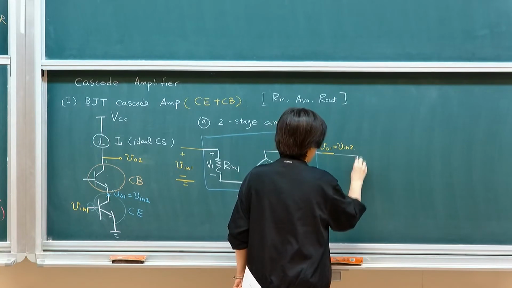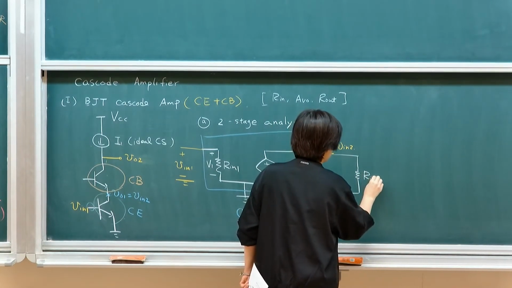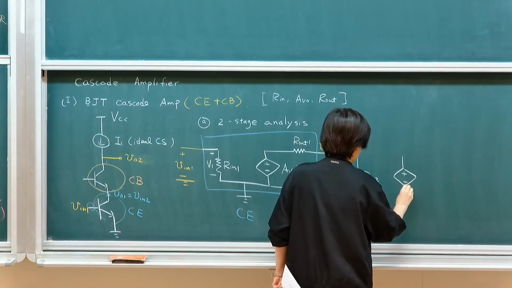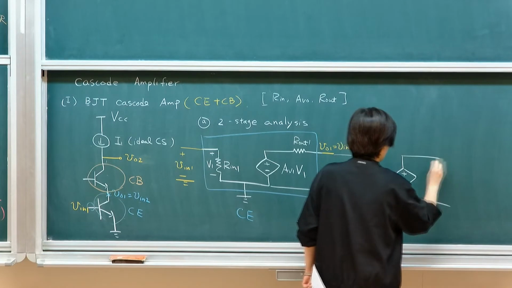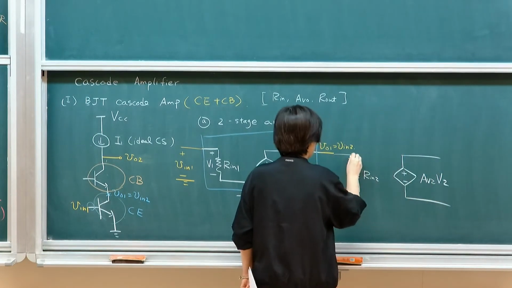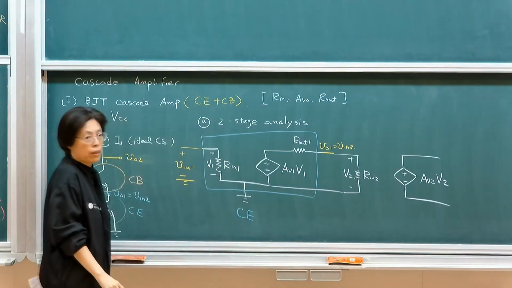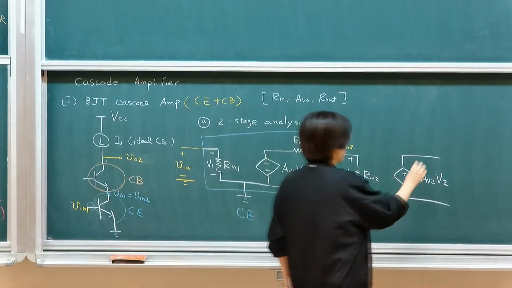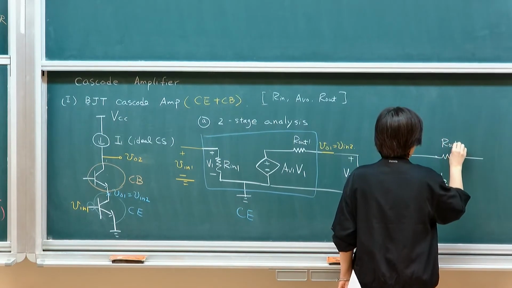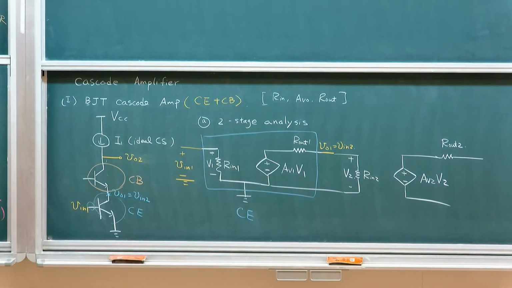So for the two-pole model, it will be R in 2 and AV2, V2. V2 is this. Right? And it's connected to RL2. Okay?